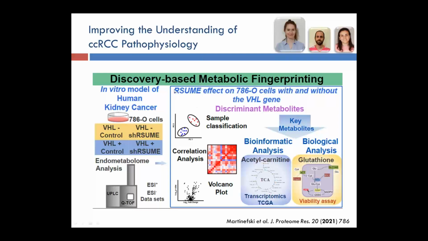And we wanted to investigate the effect of RSUME, which is a protein that is known to be expressed in patients with clear cell renal cell carcinoma. And we wanted to evaluate the effect of this protein in 786O cells that had or not the von Hippel-Lindau gene, since in CCRCC, between 50 and 80% of patients have mutated this gene.